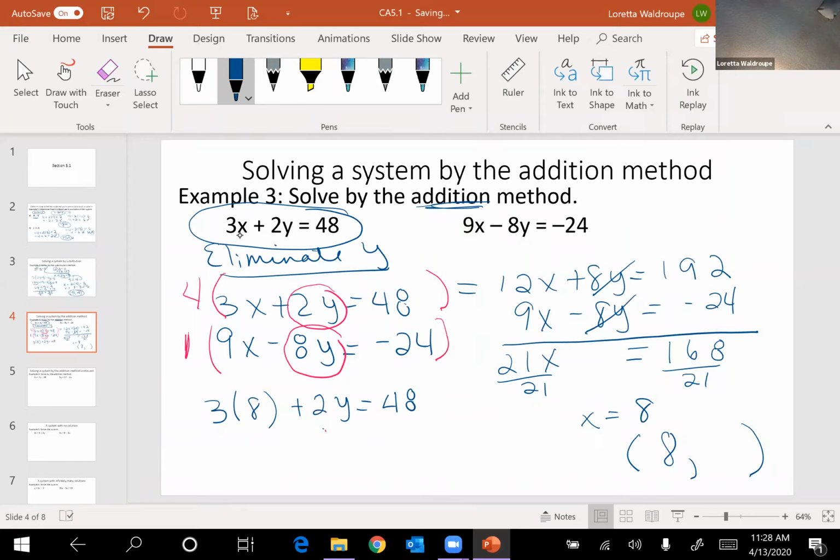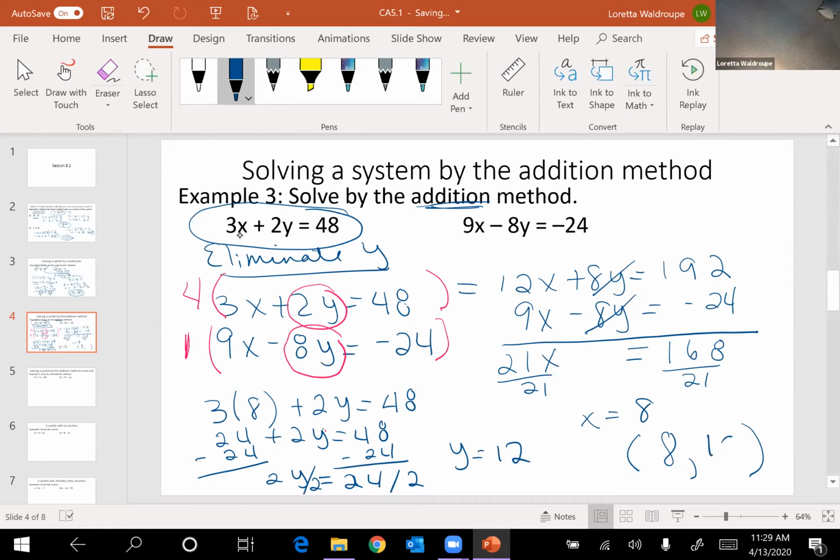And I'm going to solve for y. So multiply, subtract my 24 from both sides, and divide both sides by 2. So your answer is the ordered pair 8, 12.